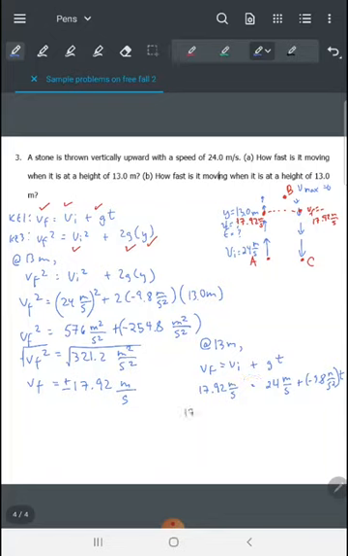So, 17.92, kasi tingnan mo, para silang meter per second. Pwede mo silang pagsamahin. And in the first place, yung 9.8 ay meter per second squared. So, hindi mo sila pwedeng i-combine in addition or subtraction. 17.92 minus 24, negative 6.08 meters per second. That's why it's important to keep track of the units.